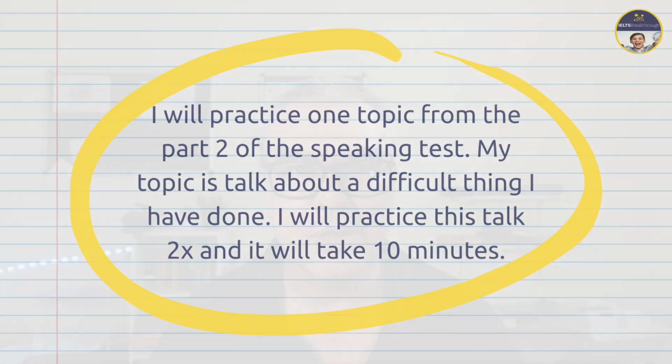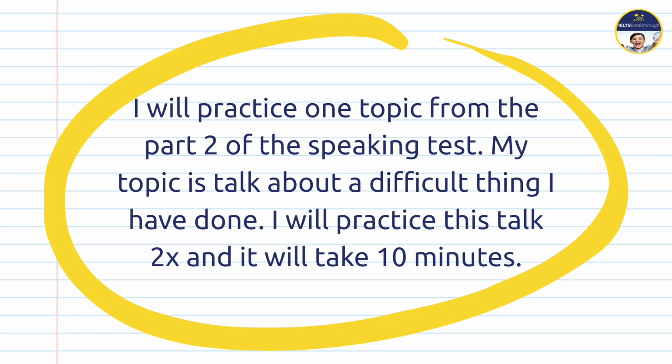Let's look at one more example so that you really get the idea. I will practice one topic from part 2 of the speaking test. My topic is about a difficult thing I have done. I will practice this talk 2 times and it will take 10 minutes. So with specific, we have defined it's going to be a topic from part 2 of the speaking test.